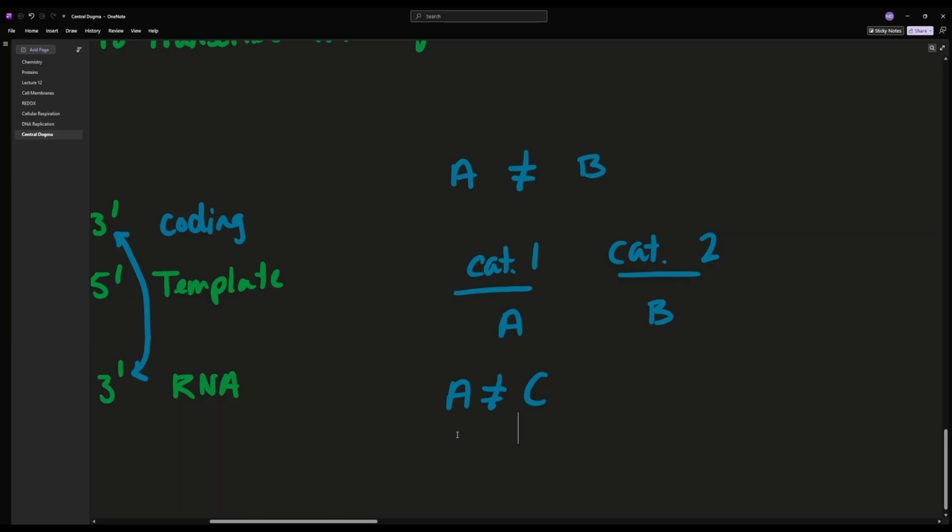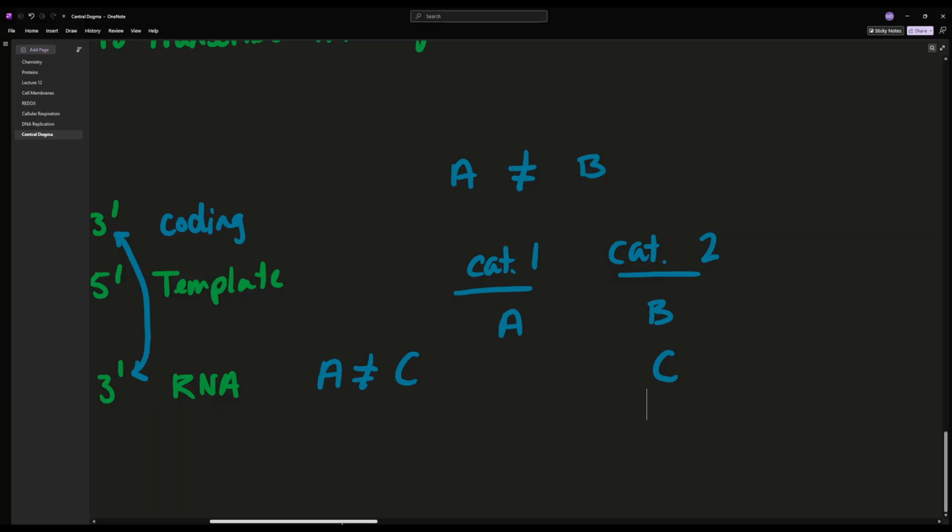Well, therefore, if A and C can't be in the same category, then C has to be in category 2. That means B and C must be the same. If A and B are different and A and C are different, and we can only have two possible orientations, because remember, these are complementary and anti-parallel, then B and C must be the same.